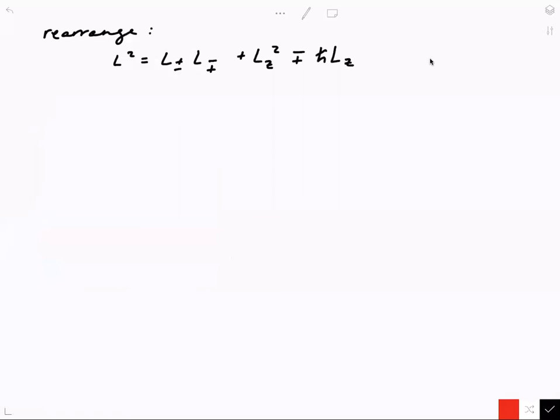So we're going to have this top rung operator that we can instead write in this way. So I've got plus, minus, minus, plus.